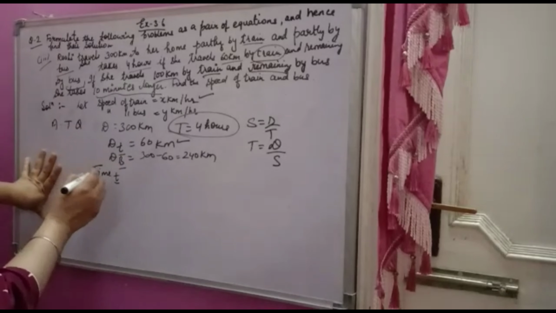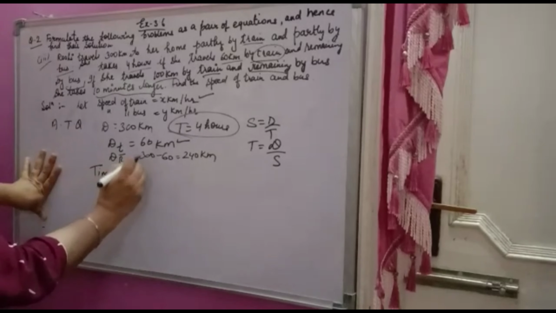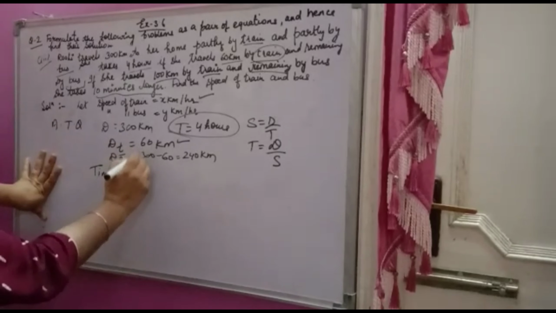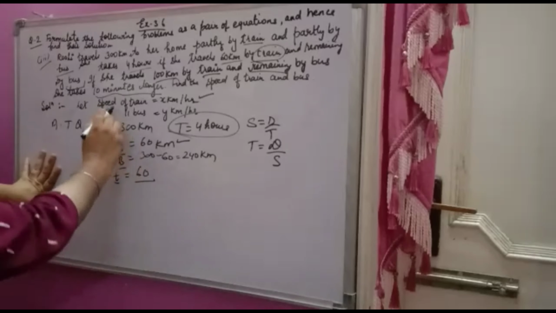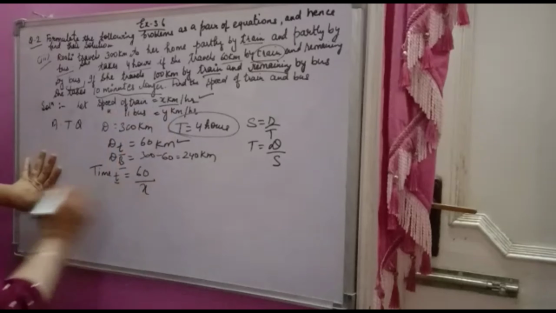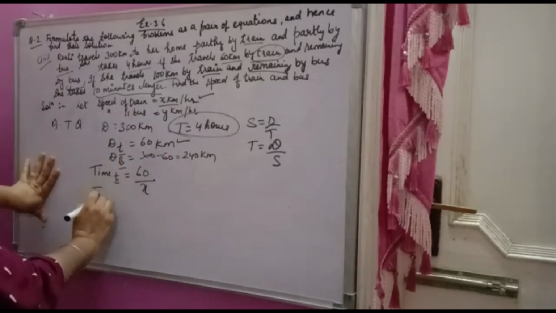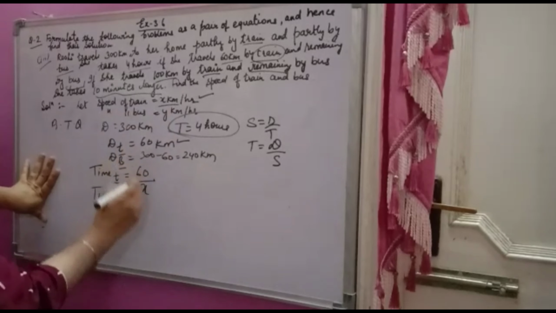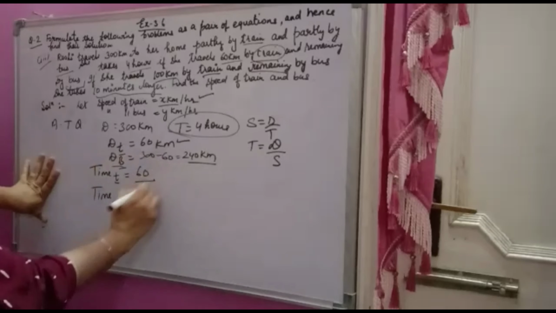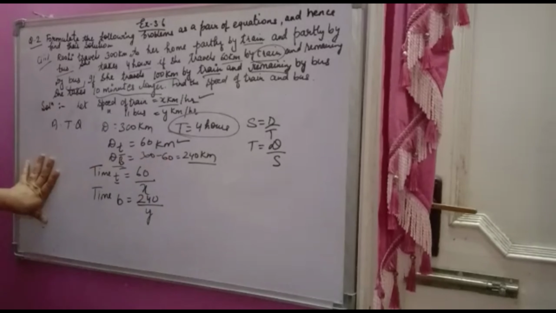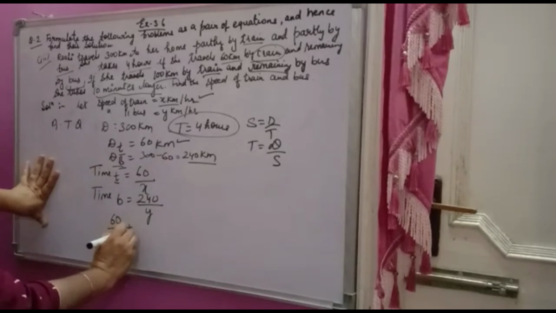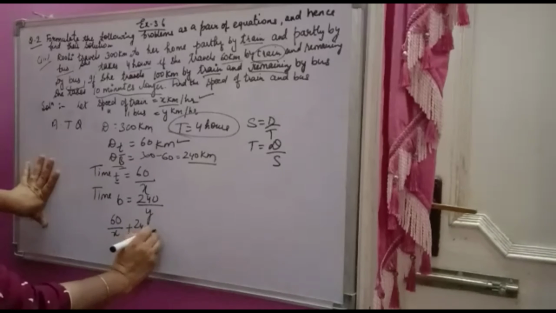So time for train will be distance, that is 60, over speed of train x. So this is the time for train. Now time for bus will be distance for bus 240, and speed for bus is y, so 240 over y. Total time given means 60 over x plus 240 over y is equal to 4.